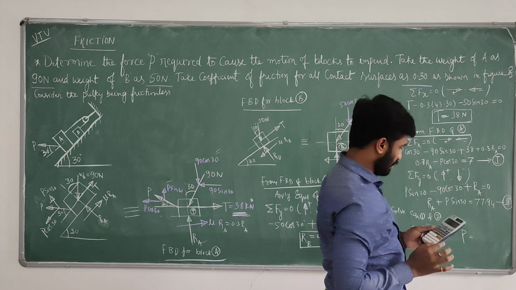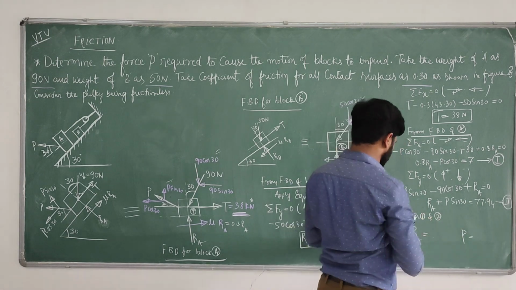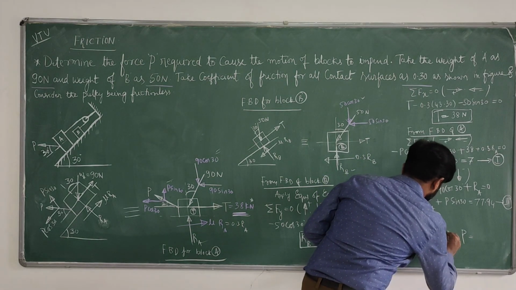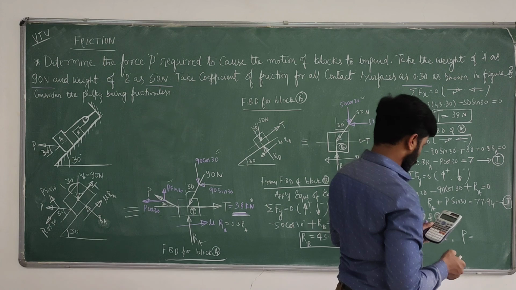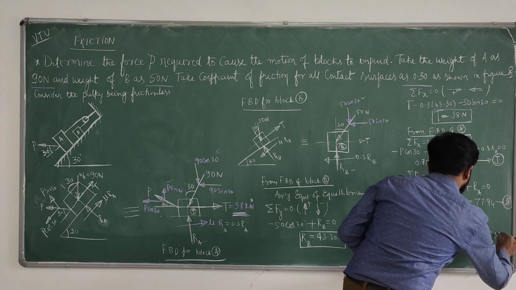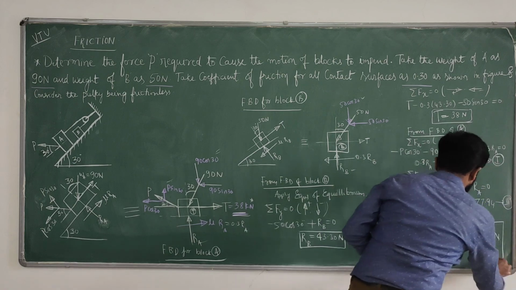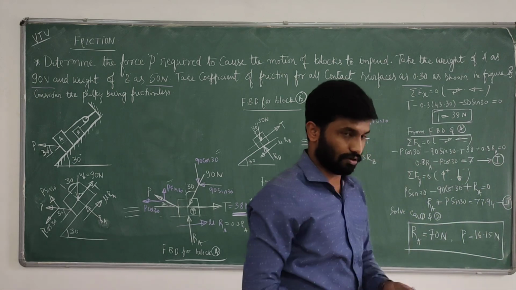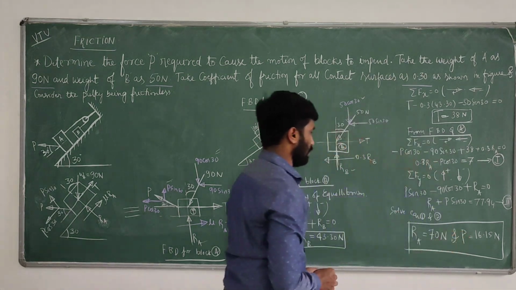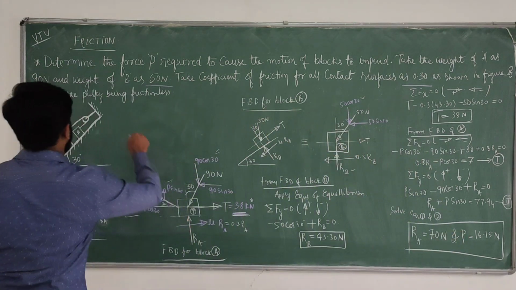So the first value we get is RA, 69.87, which is nearly 70 Newton, and the P value is 16.15 Newton. So this is the answer, the P value as well as the RA value. Ultimately we determined the value of P.